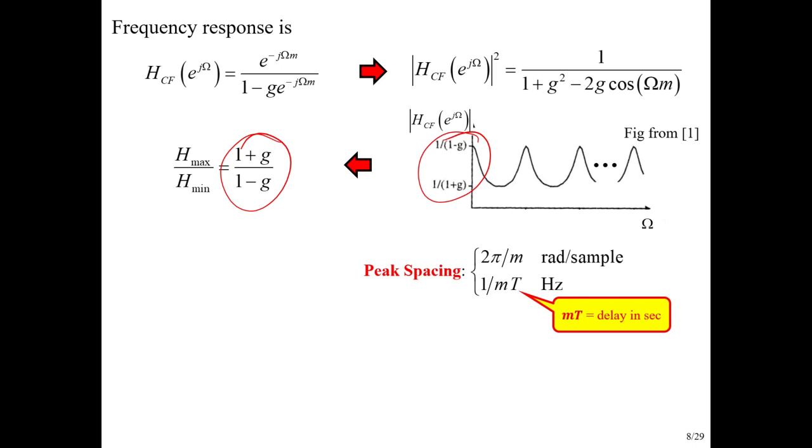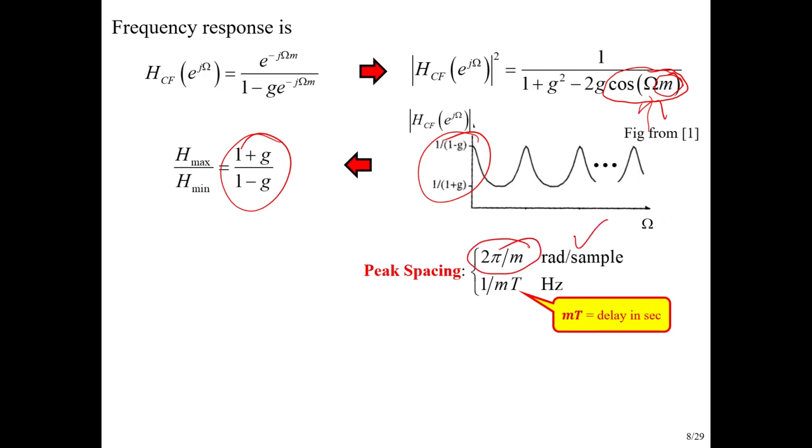So you can see what happens as we change g on that. And we can also figure out the peak spacing, right? The peak spacing is set by the periodicity of that, again, as a function of omega. So m is kind of like a frequency along the frequency axis. So that gives us a peak spacing of 2 pi over m radians per sample.